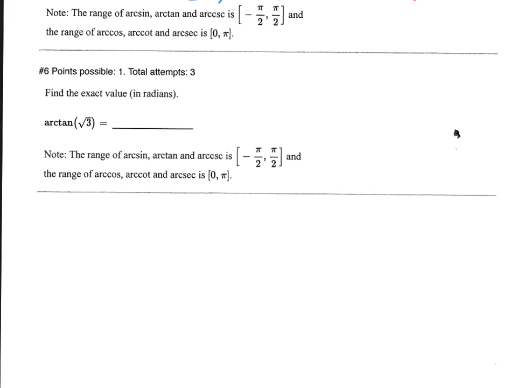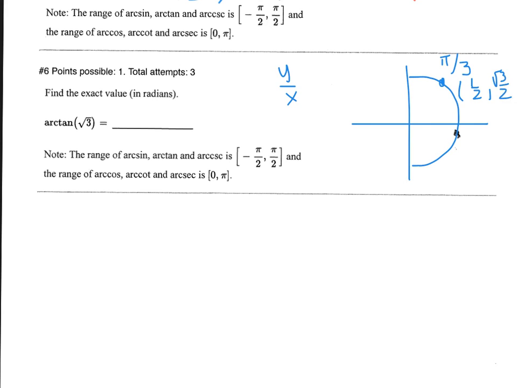Number 6, arctangent of square root 3. Because it's tangent, the range is negative pi over 2 to positive pi over 2. Tangent is going to be y over x of the corresponding point. Since we have that square root of 3, we're looking for a point that has the square root of 3 in y. Well, that is going to be this angle pi over 3 that has the corresponding point on the unit circle of 1/2, square root 3 over 2.